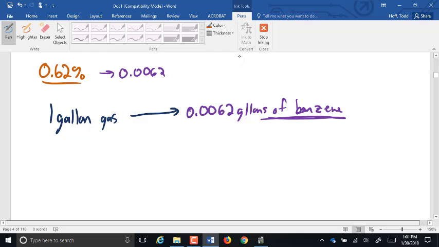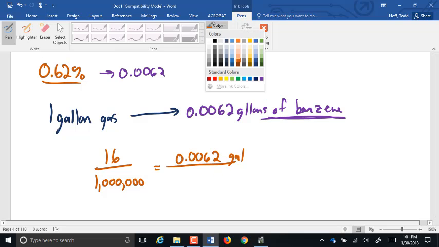But if we look at that 16 parts per million, we have 0.0062 gallons of benzene.